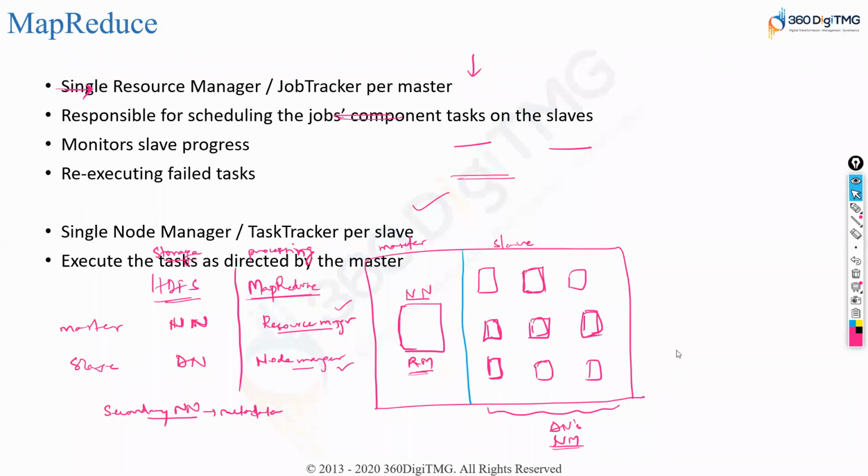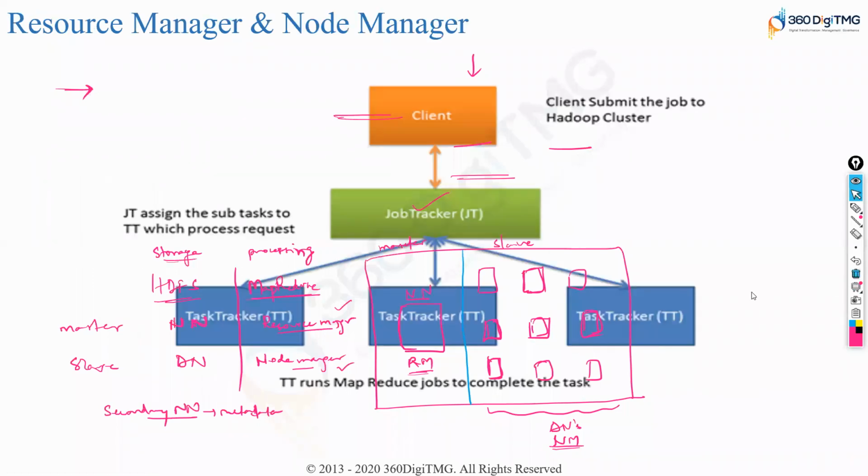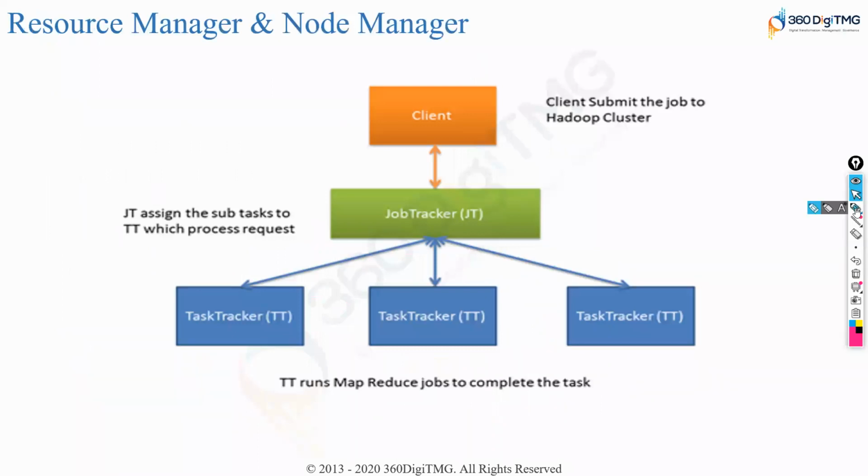Let me talk about this. This is the flow. When a client makes the request, it goes directly to the resource manager or your job tracker. And this resource manager, thanks to the metadata, will understand which node is free. When I say free, from the transaction perspective, because edit logs will also have the information on the tasks, right?